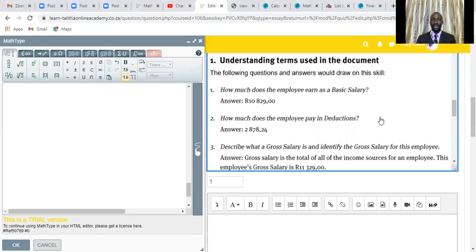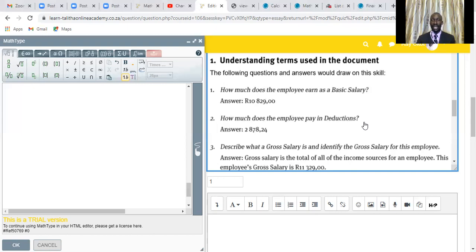Then the next thing is deductions. In the second question, it appeared as how much does the employee pay in deductions? So basically, what are the deductions? We also had this in a previous discussion: deductions are the things that are taken away.